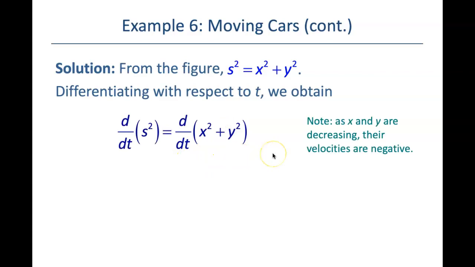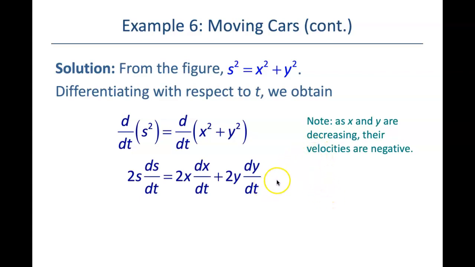All right, so we take d/dt of s squared is equal to d/dt of x squared plus y squared, and of course we can separate those. Note, as x and y are decreasing, their velocities are negative. So x is the distance of one of the cars from the intersection, so it gets smaller and smaller, and y is the distance of the other car from the intersection. That's why it's going to get smaller and smaller. Differentiating each one of those is going to be 2.